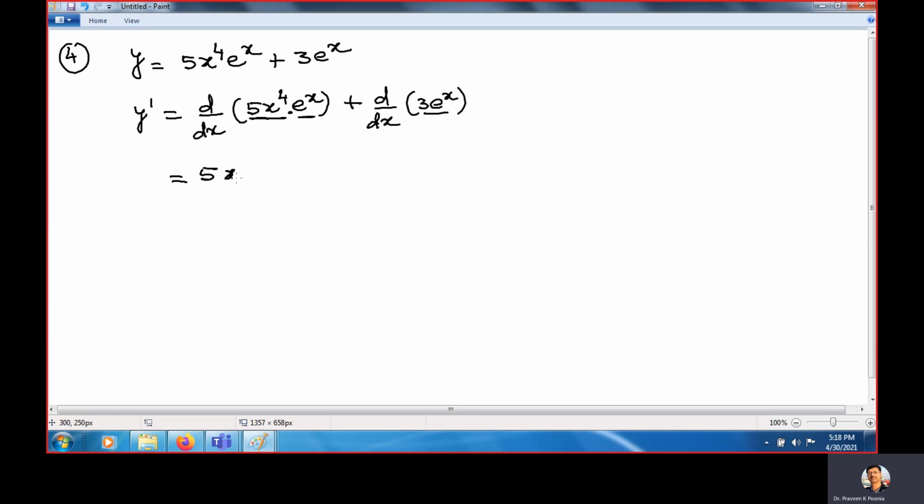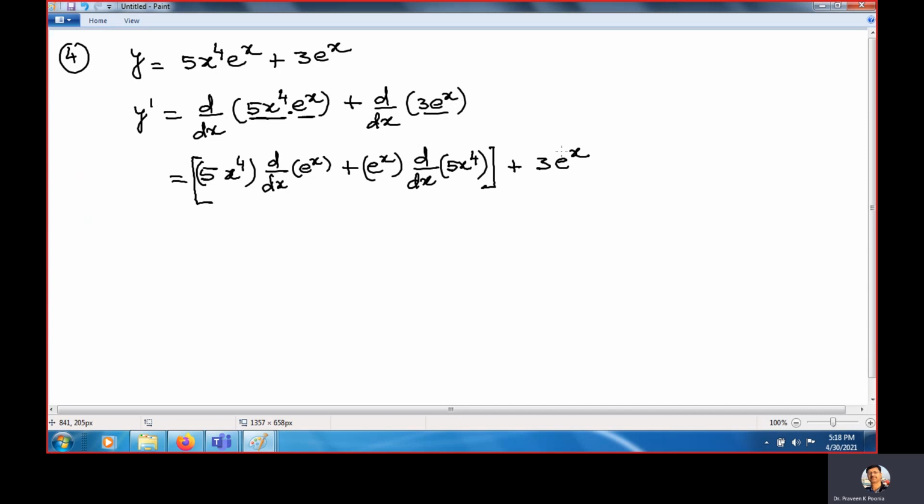So 5x^4 is the first function and the derivative of the second function e^x, plus the second function and the derivative of the first function, d by dx of 5x^4, plus d by dx of 3 and the derivative of e^x.